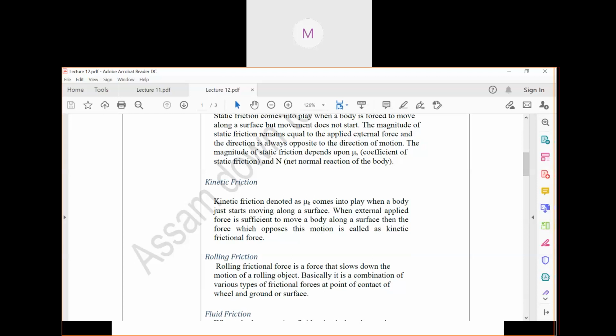Suppose I'm giving an example. Suppose this is a body, okay?